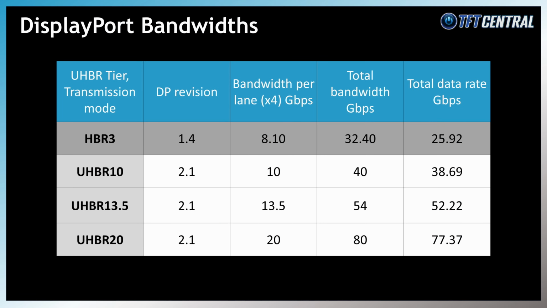You can see the bandwidths here supported by each UHBR tier, along with their data rate in the table on the screen. You might spot that the data rate is a higher proportion of the overall bandwidth here on DP 2.1, as the encoding is a lot more efficient than it was on DP 1.4, allowing for almost 97% of the bandwidth to be utilised now.